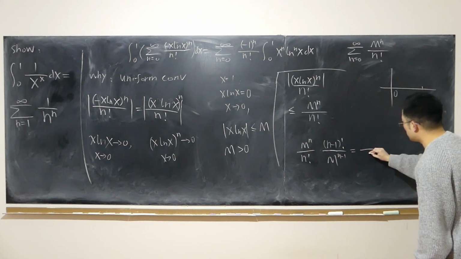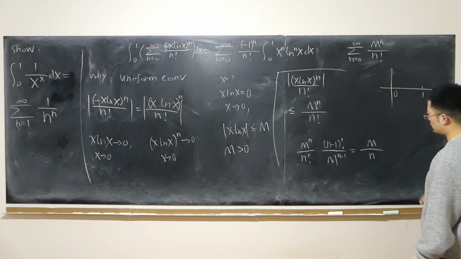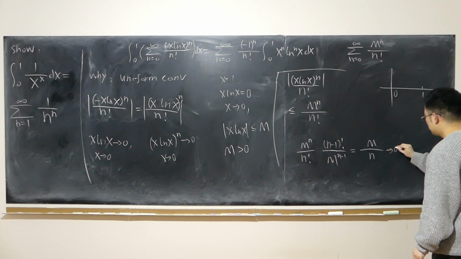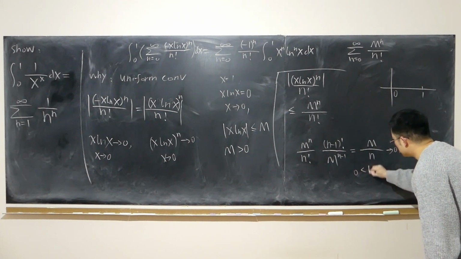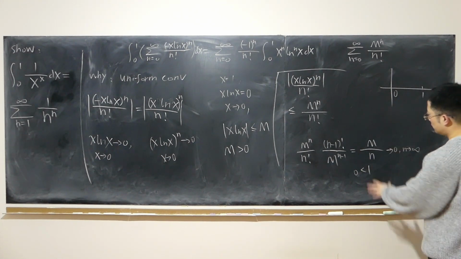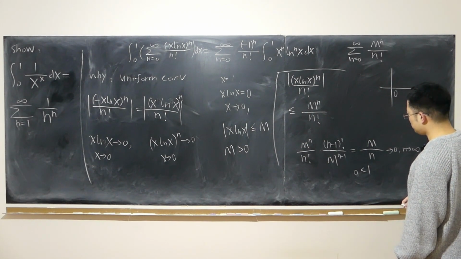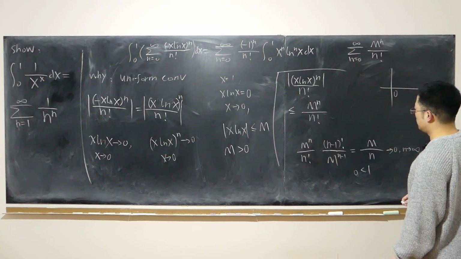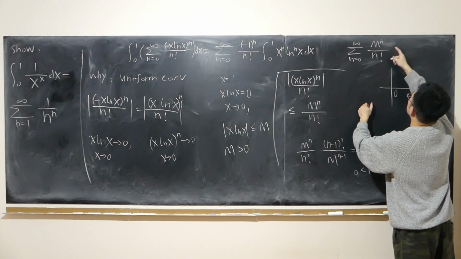That is equal to M over n, approaching 0. So 0 is less than 1, and according to the ratio test, the D'Alembert test, this infinite series has to be convergent.